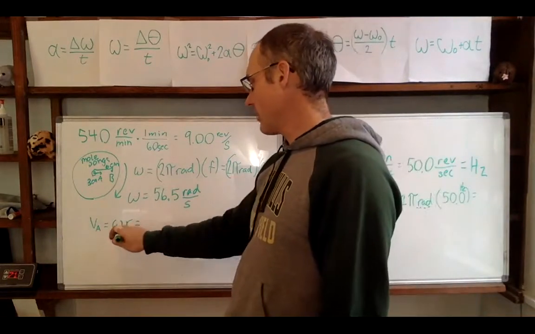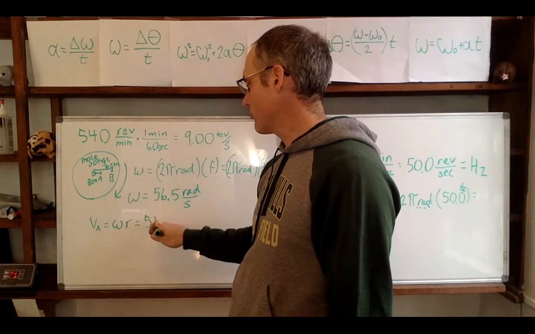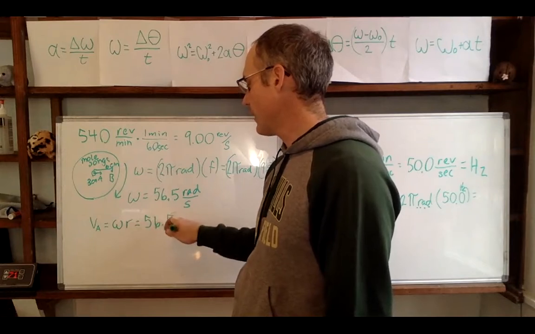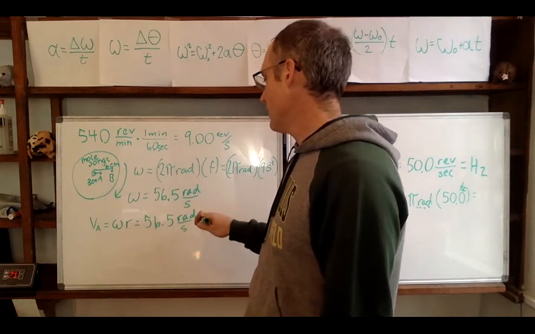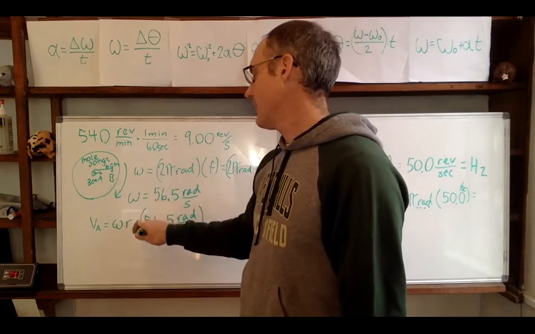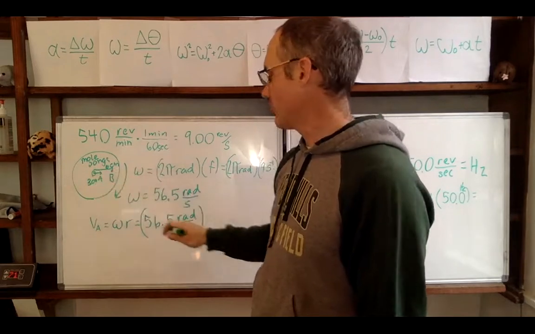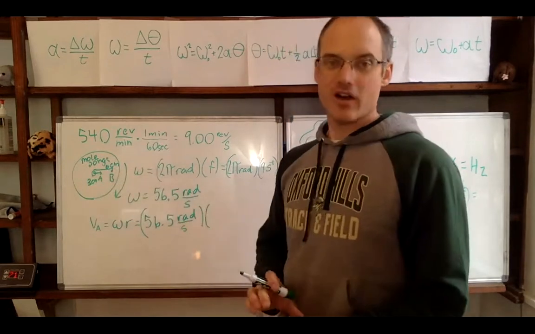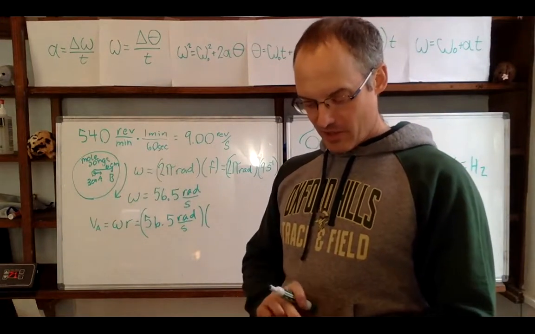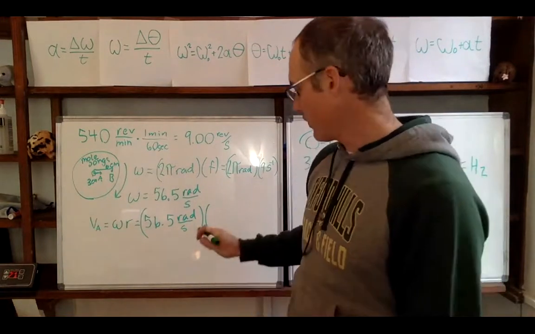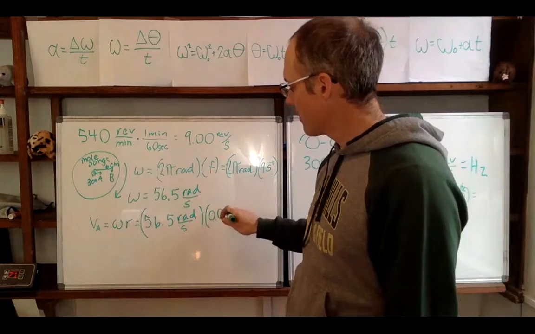So for both of these, it's moving at 56.5 radians per second. And then we're going to multiply that by A's position, which is at 3 centimeters. Gosh dang it, it's 3 centimeters. So that's 3 divided by 100. That means it's 0.03 meters.